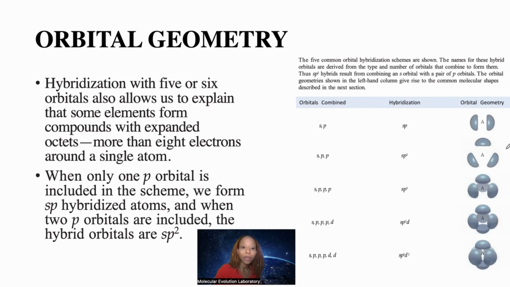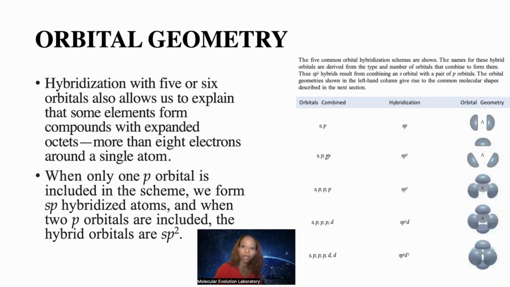When only one p orbital is included in the scheme, we form sp hybridized atoms. When 2 p orbitals are included, hybrid orbitals are sp2. So here we have the orbitals combined and the hybridization, as well as the orbital geometry of each. One s orbital and a p orbital would give a hybridization of sp.